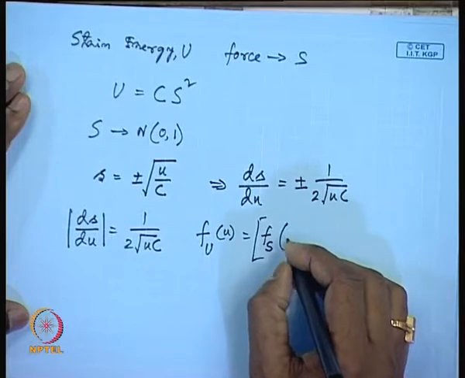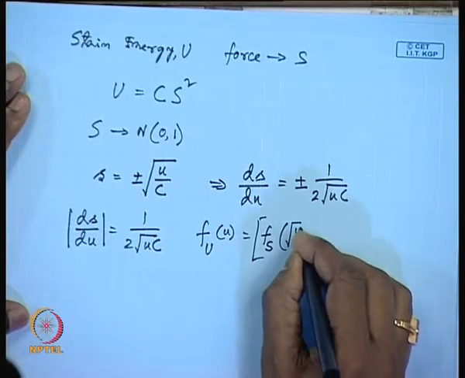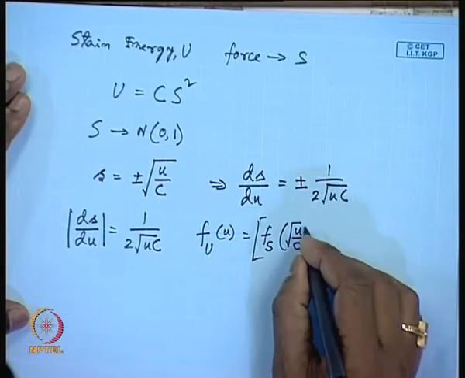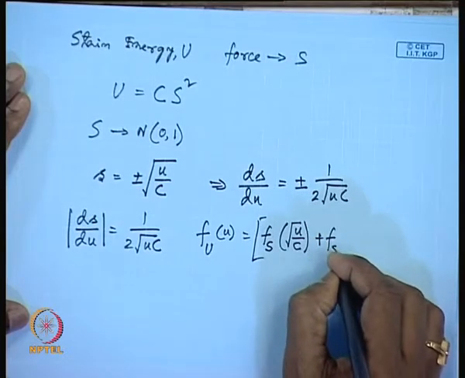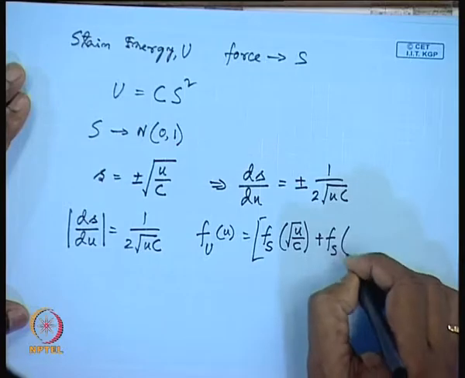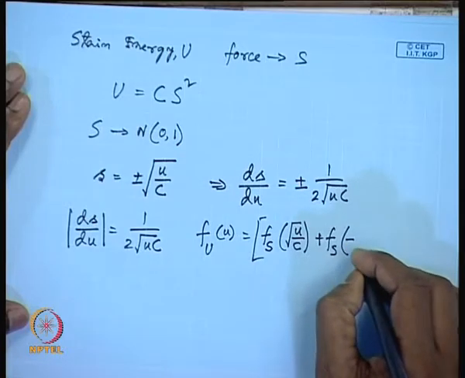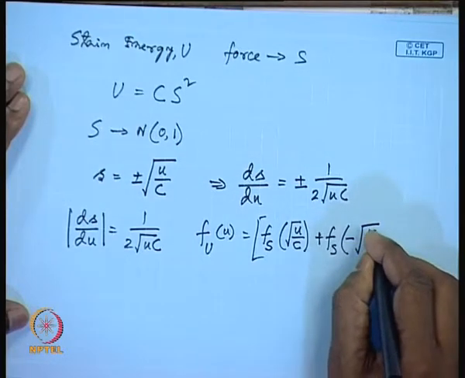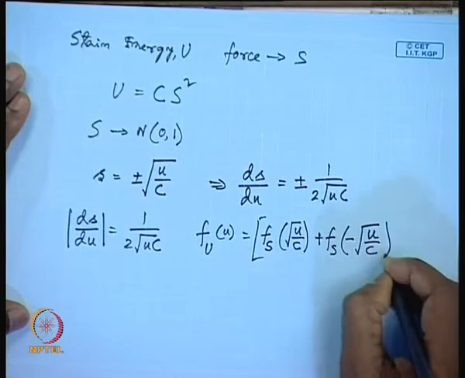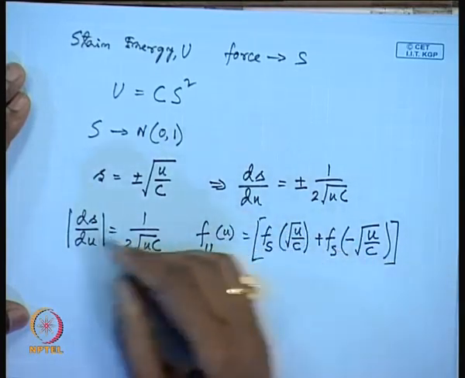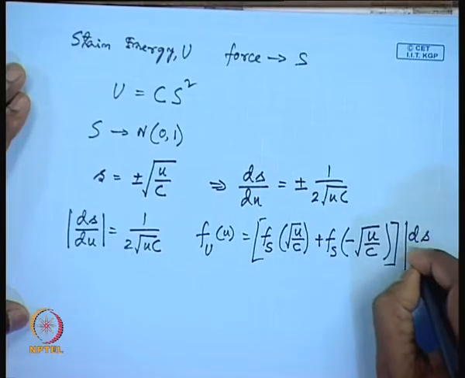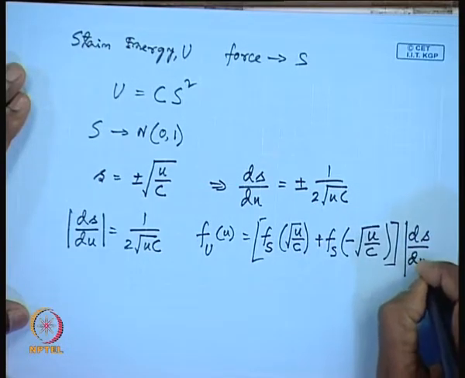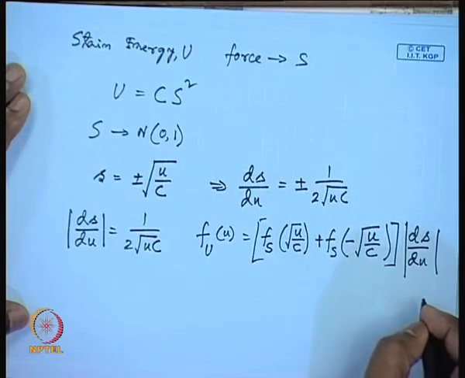One root is square root of u by that constant c, and the other root is minus square root of u by c. So f_S at each root is multiplied by the absolute value of the derivative ds/du.